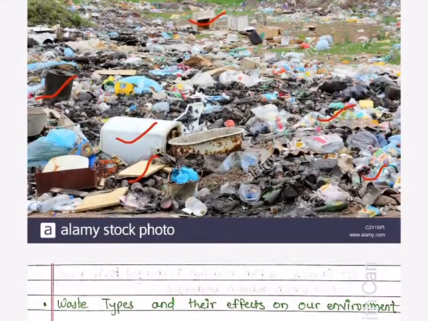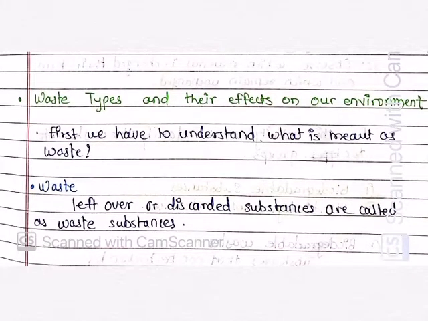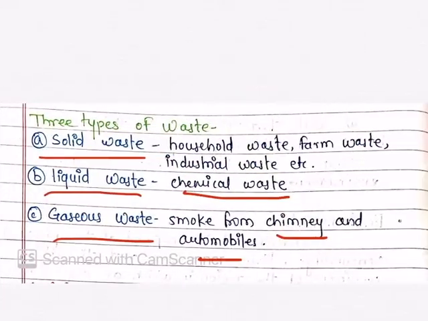What do you mean by waste? The definition of waste is leftover or discarded substances, they are considered as waste. Another sentence may be, anything we should add inside the dustbin is called waste.